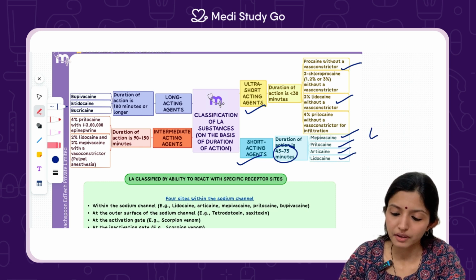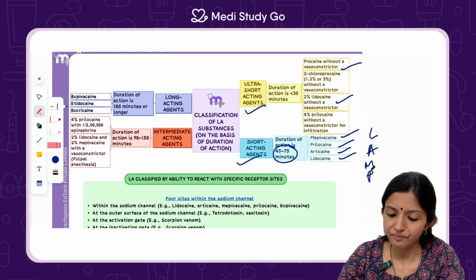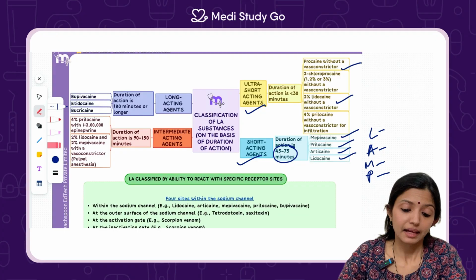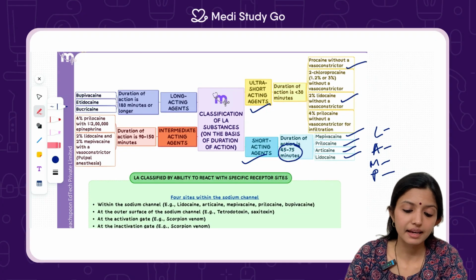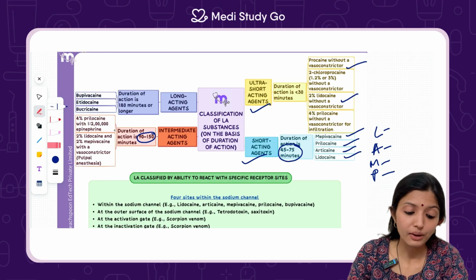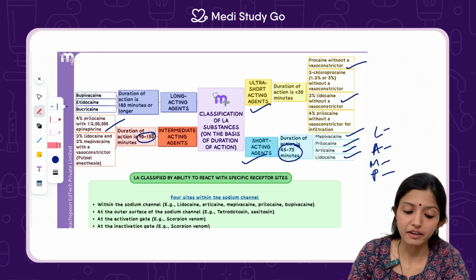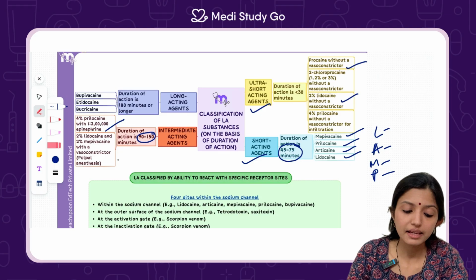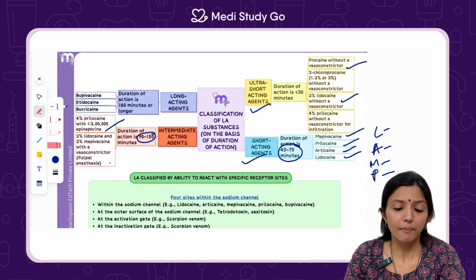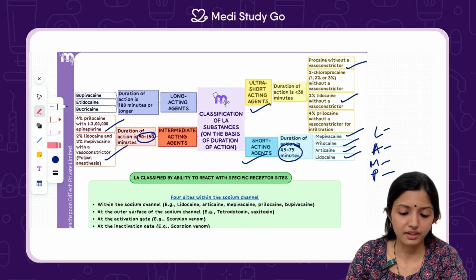You can remember the mnemonic LAMP. So it is lidocaine, articaine, mepivacaine and prilocaine. Next you have intermediate LAs which have a duration of action of about 90 to 150 minutes. That is prilocaine with 1:2 lakh epinephrine, and mostly when 2% lidocaine or 2% mepivacaine is given for pulpal anesthesia with a vasoconstrictor.